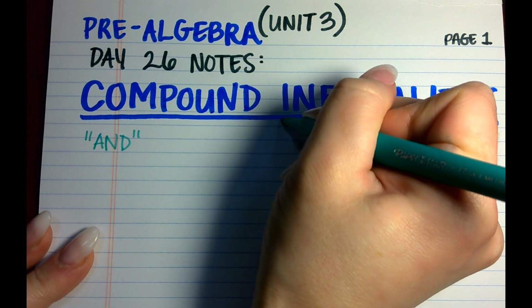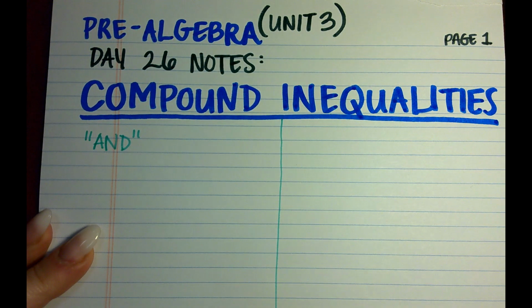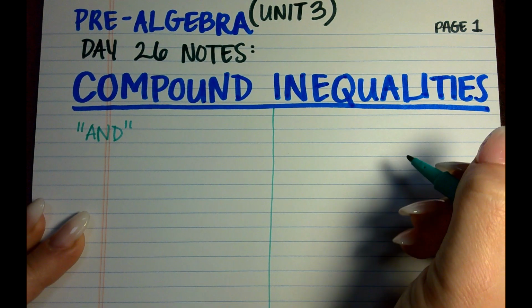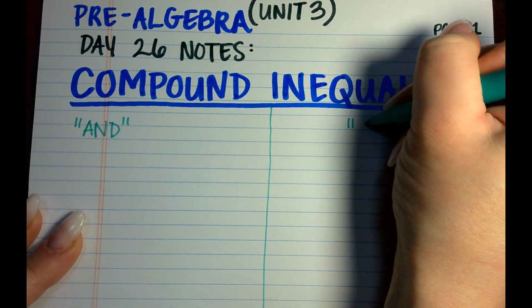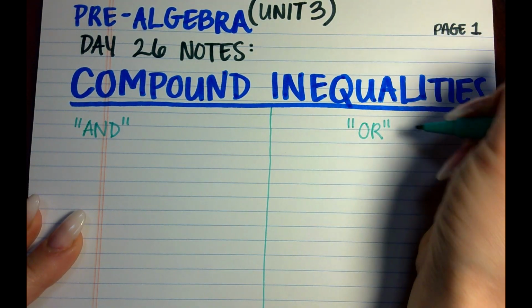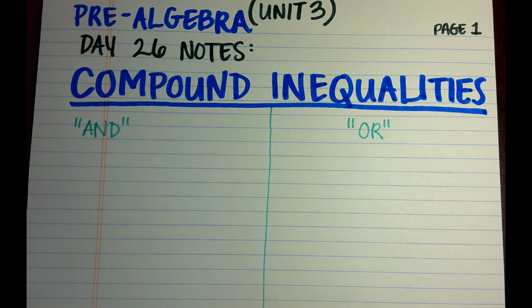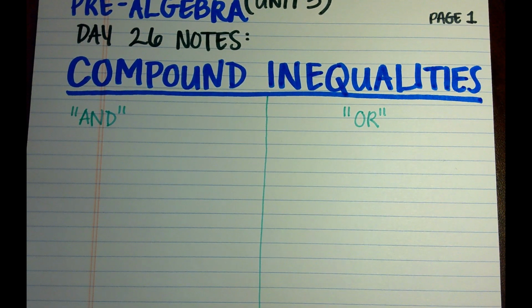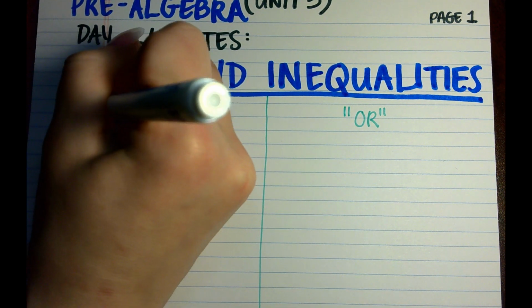Then we'll draw a line down the middle of our page. And then there is an or inequality. I'll explain what both of those mean.